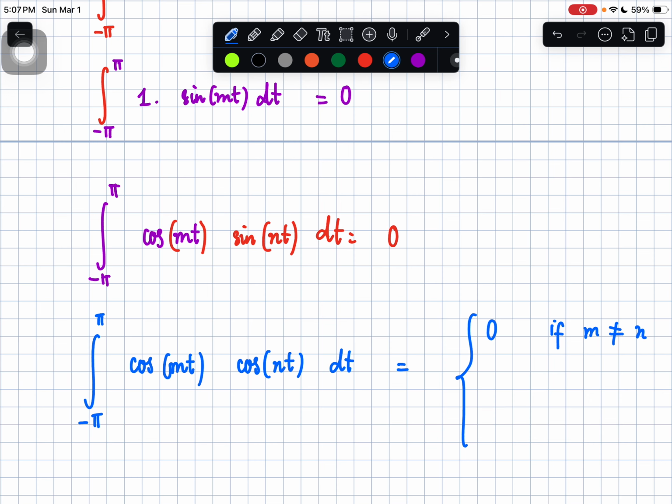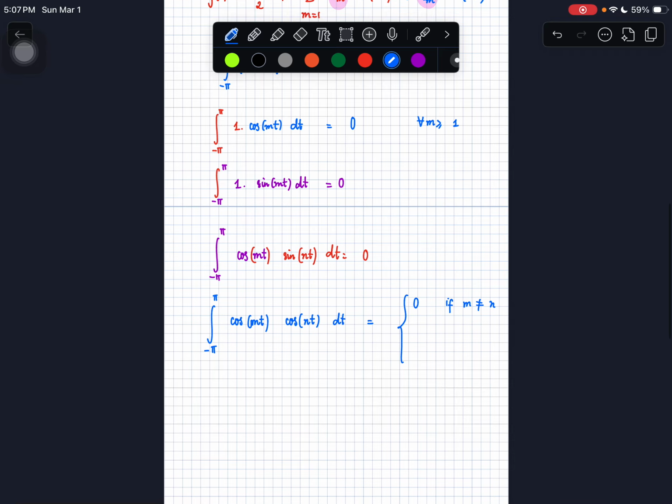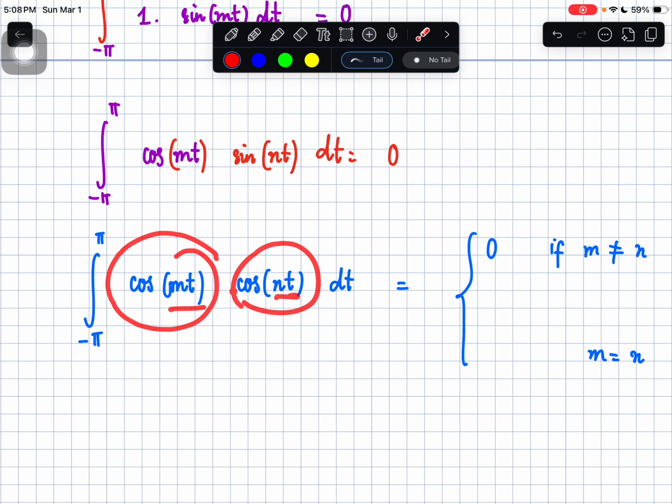And we get the length squared if they are equal, m equal to n, which is the inner product of cosine nt with itself.